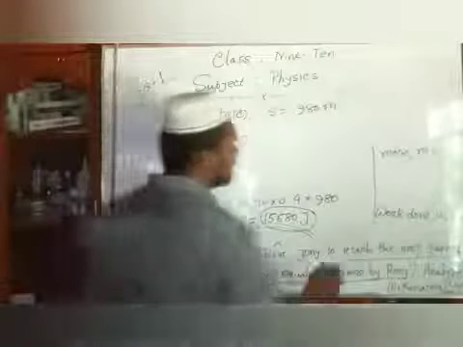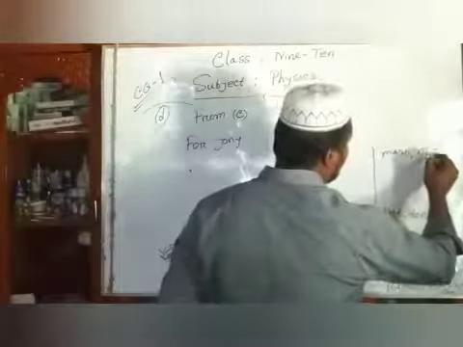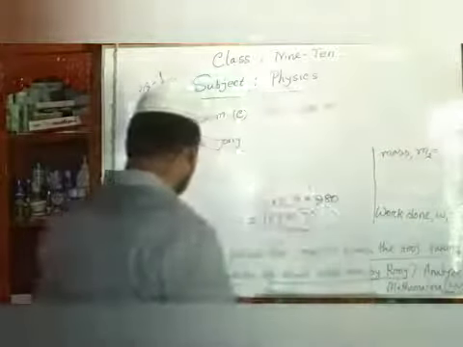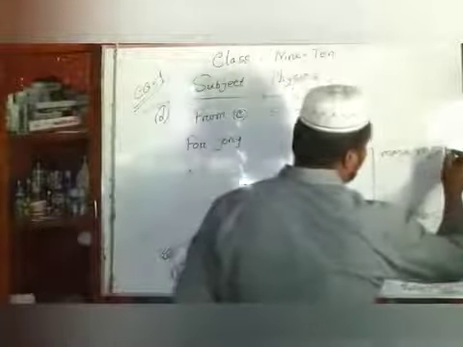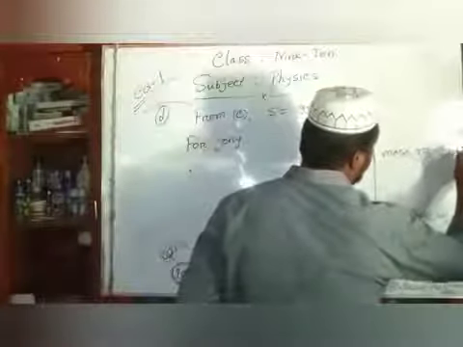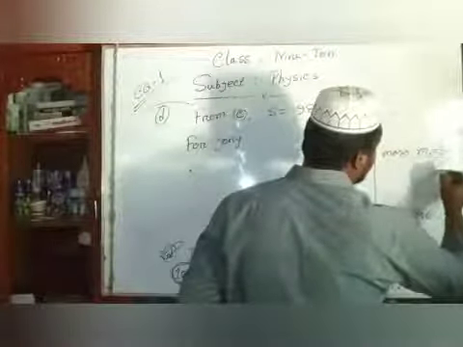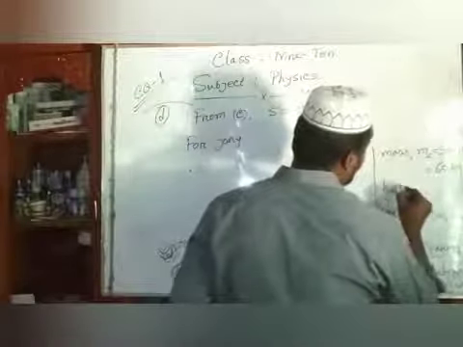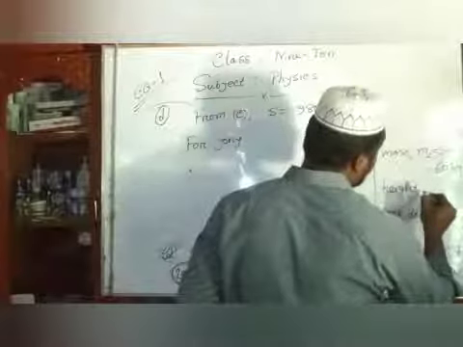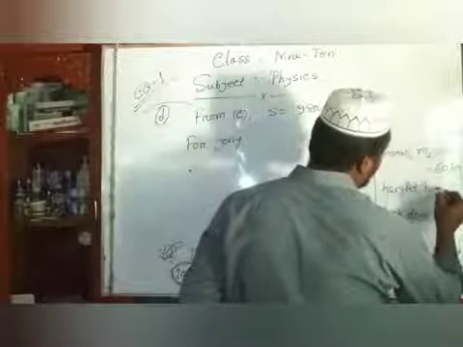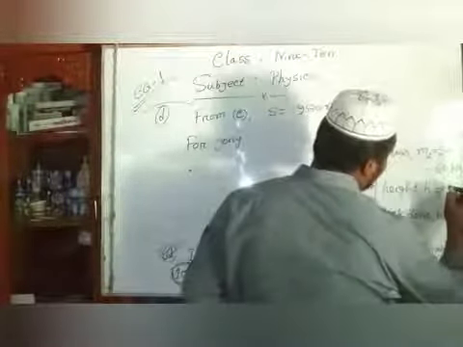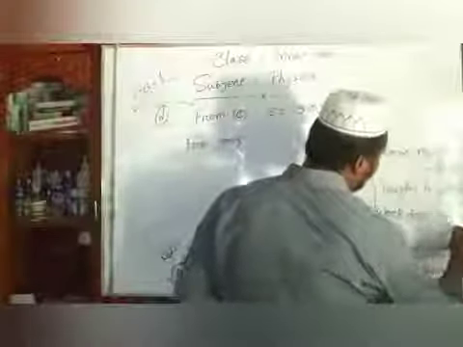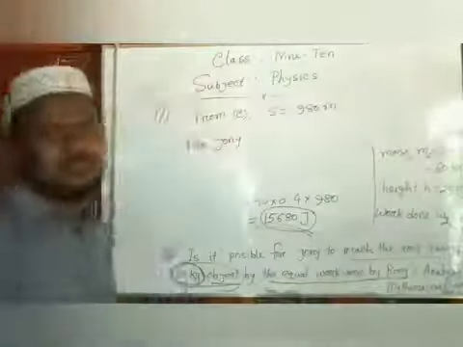That means the mass of Johnny including the mass of the object is M2 equals 50 plus 10, that means 60 kg. And the height H equals 20 meter. Now we calculate the work done W2.